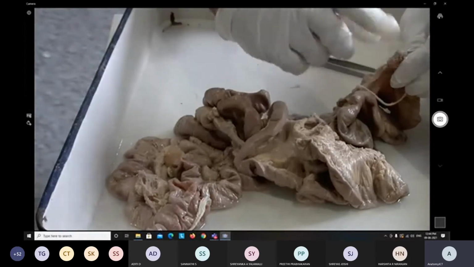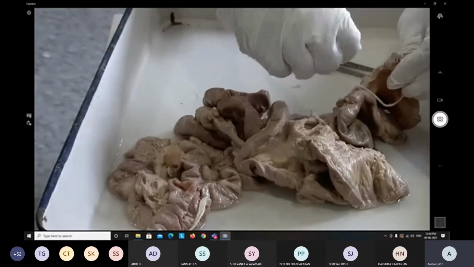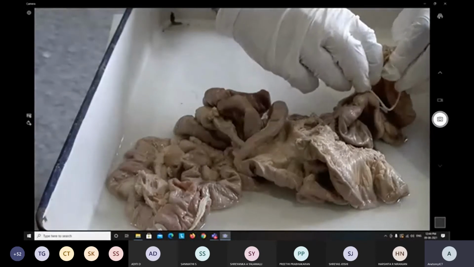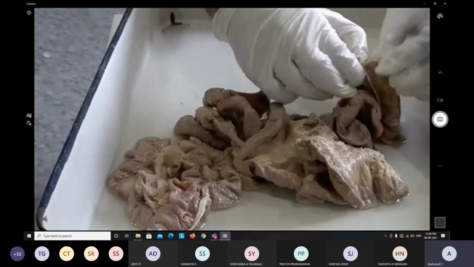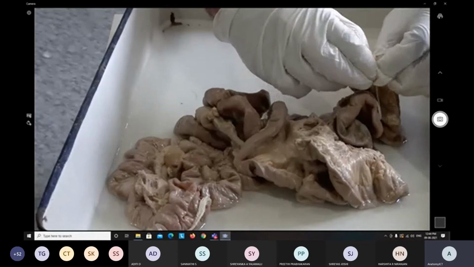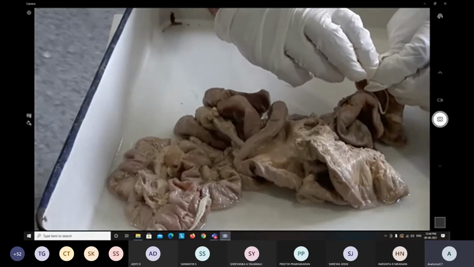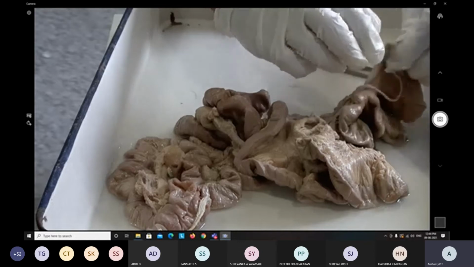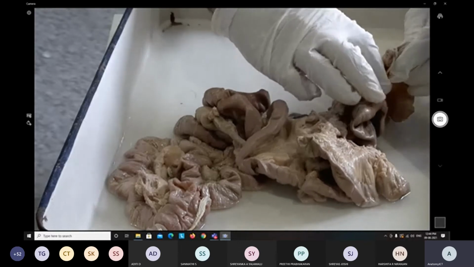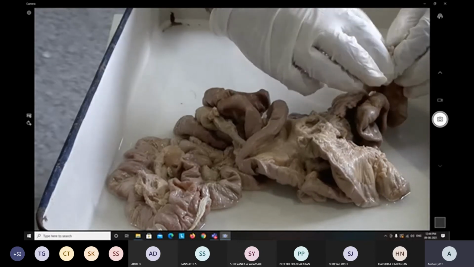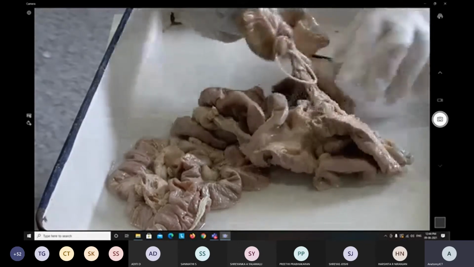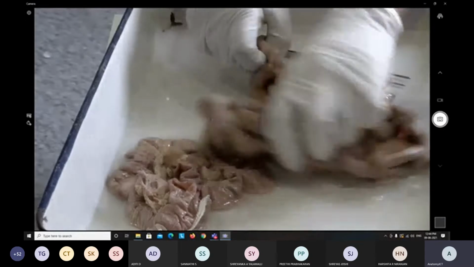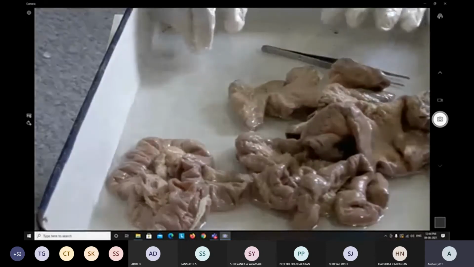This valve is very much a question for you: how the formation of this valve takes place, what the modifications are, what muscles are present here, and what the taeniae are. We will study that when we study the large intestine. At that time we will also learn how the guarding of the ileocecal junction works. So this is about the small intestine demonstration.